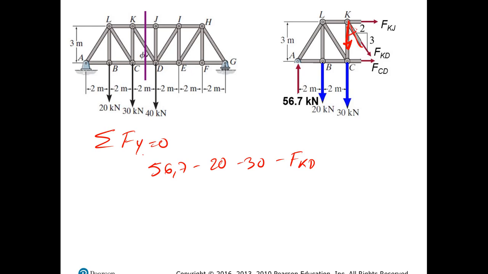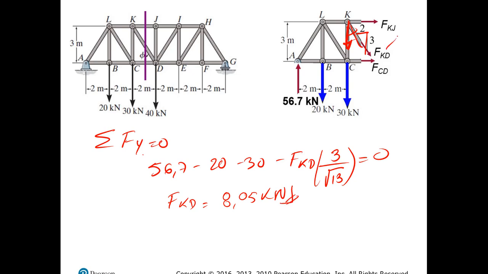I have the two sides of the triangle, so I can multiply this by 3 divided by the hypotenuse, which is square root of 13. You know, if you take this one squared plus this one squared, the square root of that is the hypotenuse of the triangle. So that is equal to 0, and then if I keep solving for FKD, I will get that this is equal to 8.05 kilonewtons.